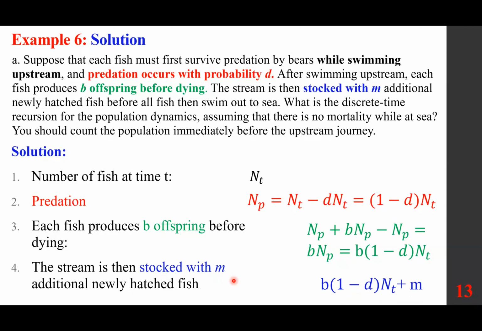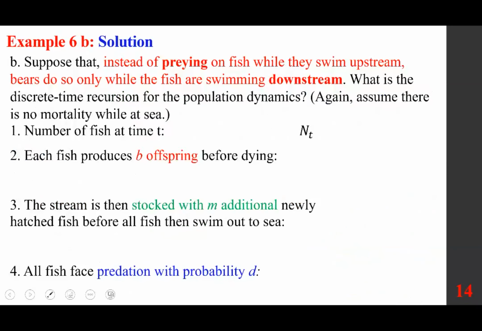Now, what if we change this slightly? Take a look. How? Again, we start with so many x, y, z, or n sub t. So instead of preying on fish while they swim upstream, bears do so only while the fish are swimming downstream.